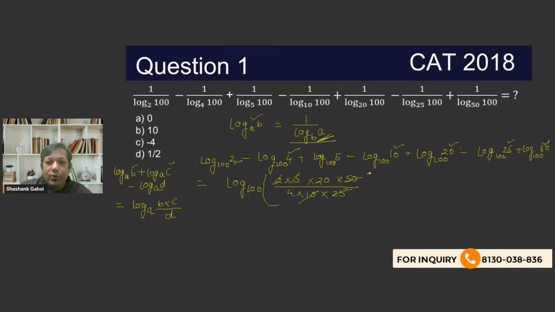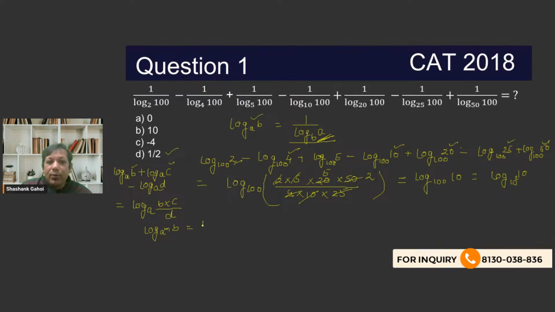This is going to be 2. 4 5s are 20. So it is going to be log 100 of 10. Now I have to convert this into the other format. So we can say it is log 10 to the power 2 base 10. Now it has become the format of log a power m b.